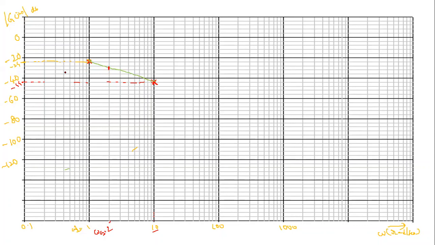So what is this magnitude? This is the point. But what is the magnitude at this point? Minus 30. Okay, so minus 30 is the starting point for this. Done. Then the next ending point for this second term.